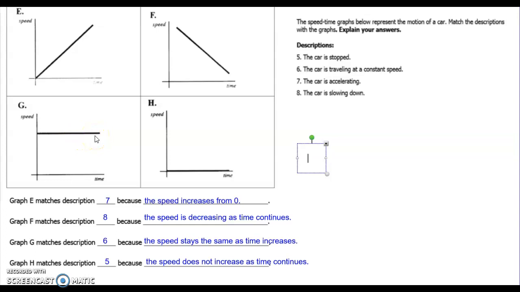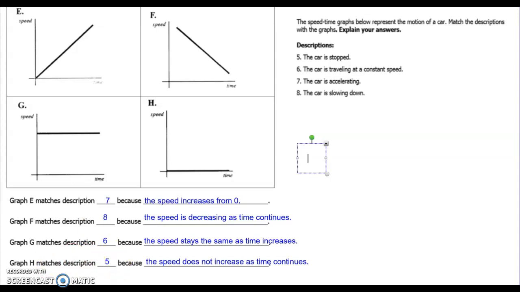So if the speed is staying the same and it's up here, it's showing that it's not stopped, but that it is continuing to move on. Whereas on this one, the speed is at 0 and time is continuing, so it is showing that it is stopped. So G matched 6 and H matched 5.